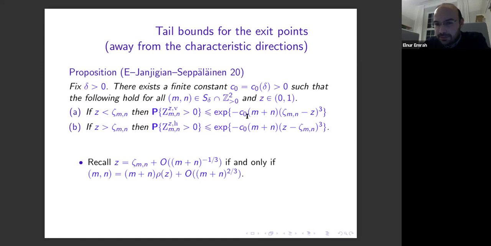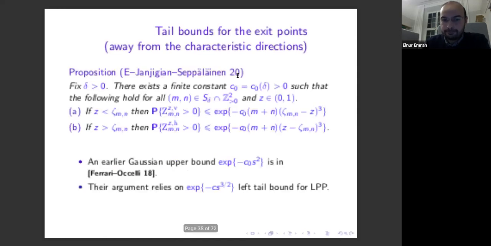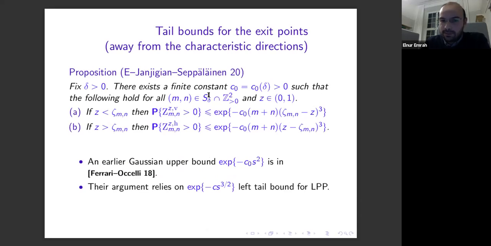So for this bound to be decaying exponentially, one needs to be away more than (m+n)^(2/3) from the characteristic direction. So this is really useful when one is away from the characteristic direction.